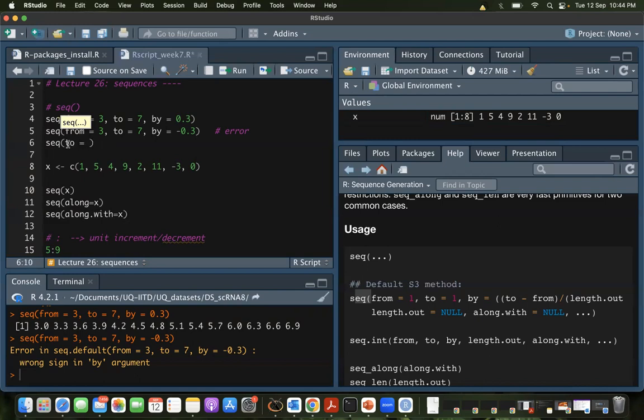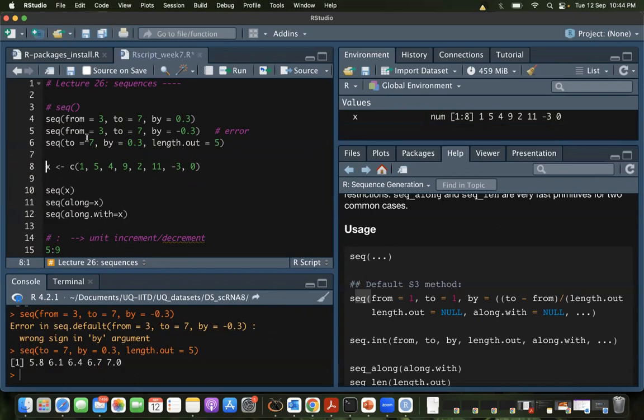So you're saying to is equal to 7, and then you're saying by is equal to 0.3, for example, and length.out is equal to, let's say, 5. So now what it means is that I want to go to 7 in steps of 0.3 and I want a total of 5 elements only.